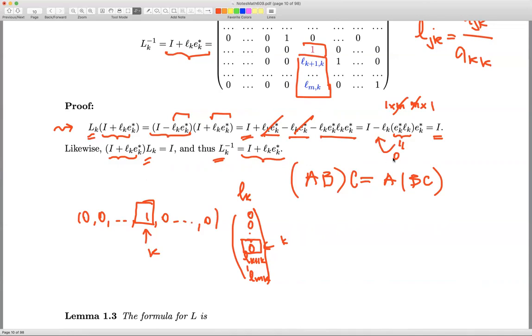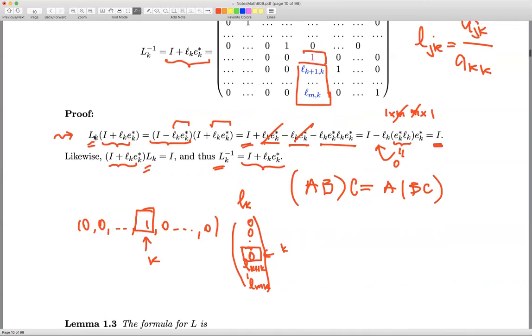Therefore, I will have the number 0 multiplied by some matrix, which will give me the zero matrix. And therefore, the result is the identity, which gives me that indeed the matrix LK multiplied by this matrix is the identity. In a similar way, one can show that this matrix times the LK is equal to the identity, and therefore a simple formula for finding the inverse of the matrix LK is this formula.